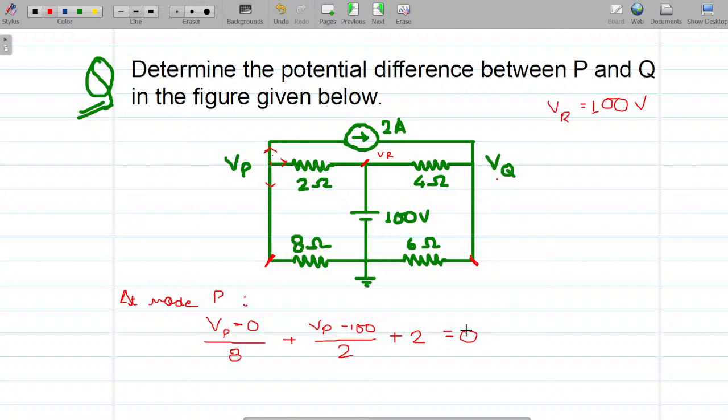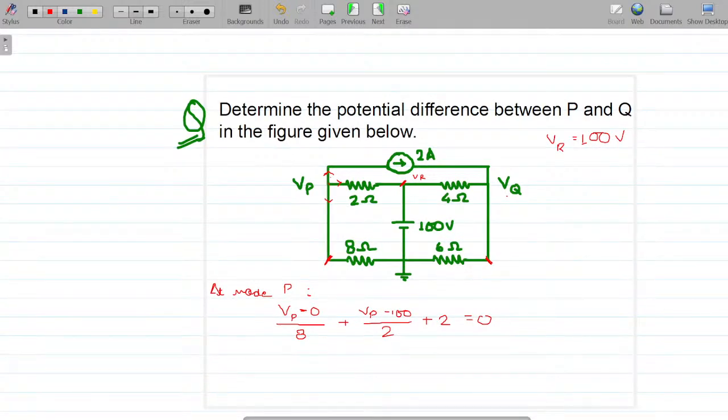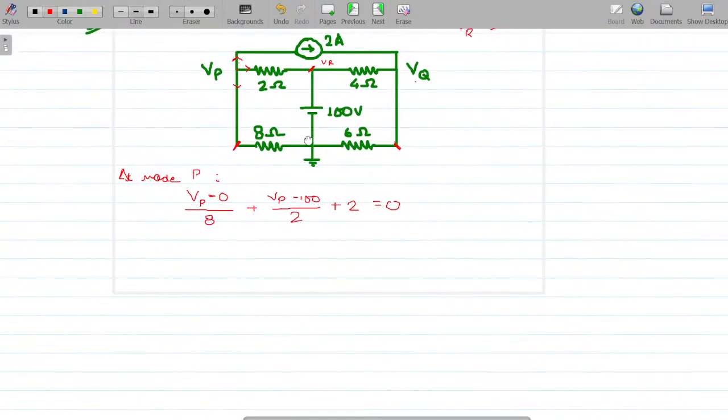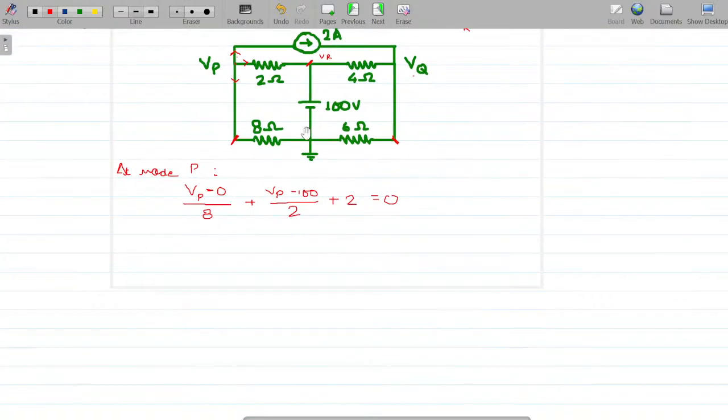Now, for solving this equation, what would we do? Just multiply the entire equation by 8, right? What would it become? Tell me.